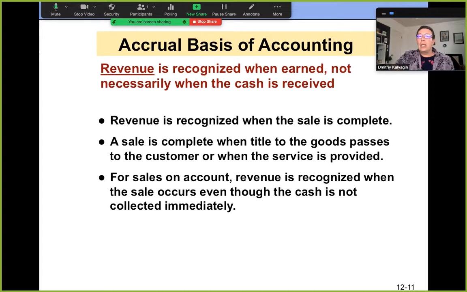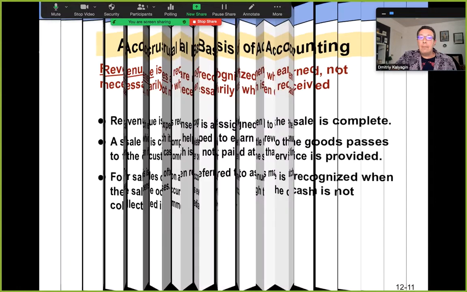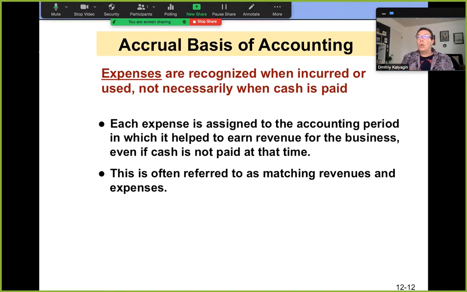The same story is with expenses. We do not record them as we pay cash. Instead, we ignore cash and we record expenses when they are incurred, take place, used. Sometimes we pay cash first, but the expense happens later, and that would be called prepaid assets.